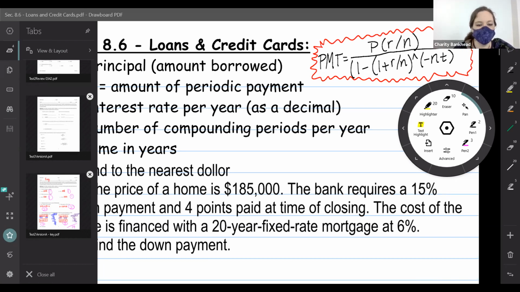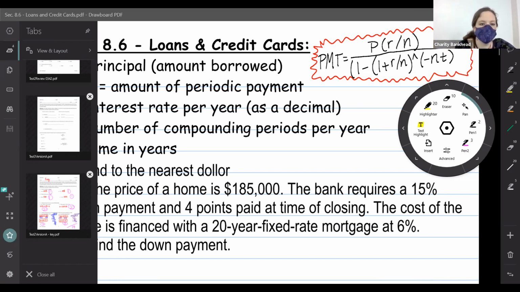And then you have the annuities, which we talked about last time. So that's where you deposit a certain amount of money, and you deposit that same amount of money over and over again. And then what we're going to use today is the amortization, which is where you're making payments in order to pay off a loan.